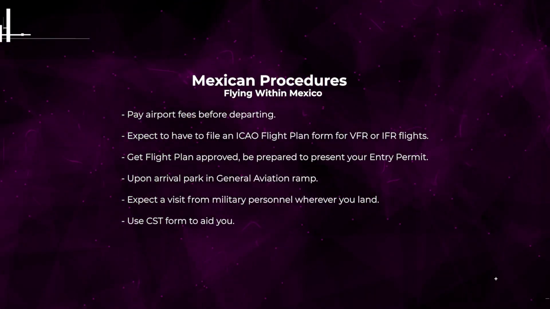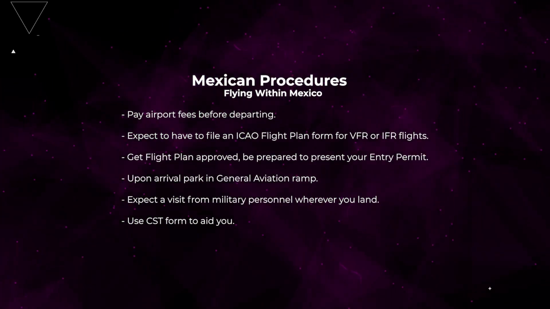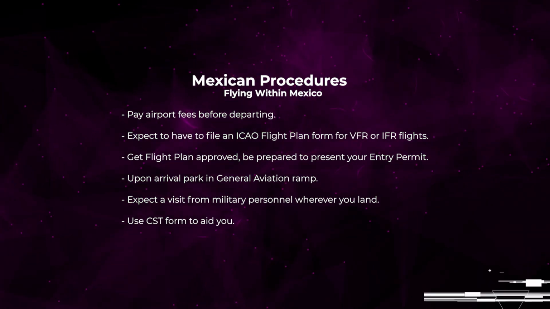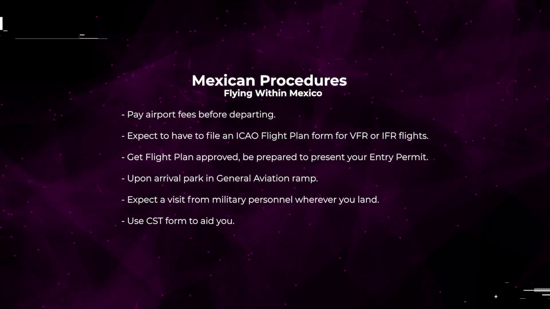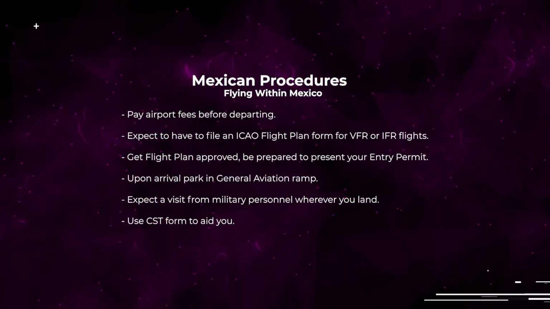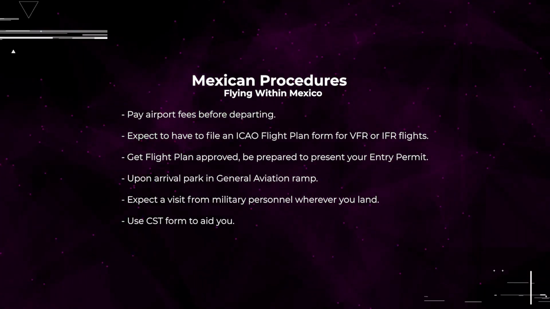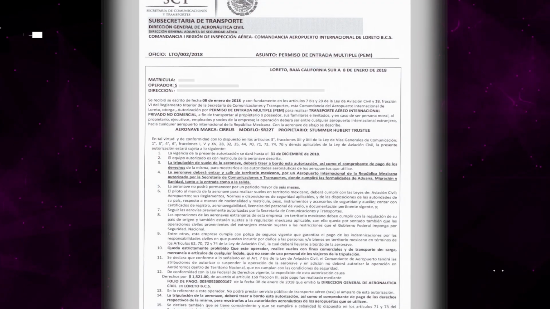Depending on the airport in Mexico, VFR flights may not be allowed to specify airways in their route, but you can always put from VOR direct to another VOR. Once you've completed your flight plan form, you'll need to go to the Civil Aviation office to have your form stamped. They may request to see your entry permit, the single or multiple entry permit.